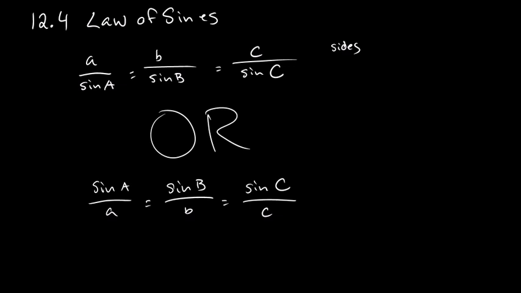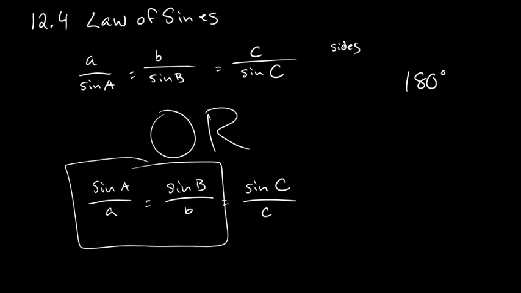What was interesting about this section was that it didn't have to be a right triangle, and you guys had to find the third angle if they only gave you two. So you had to remember that all triangles add up to 180 degrees. So you would set up these proportions depending on the pieces of information that you had, and you would be able to cross multiply and divide.